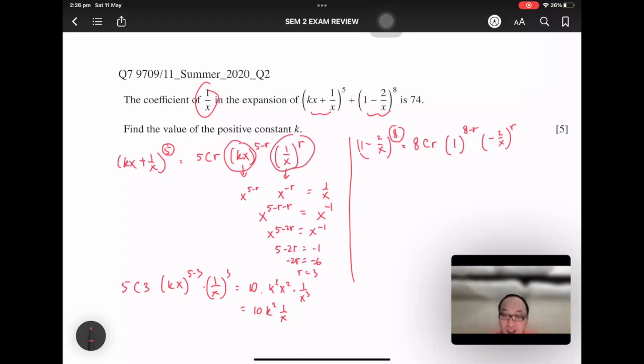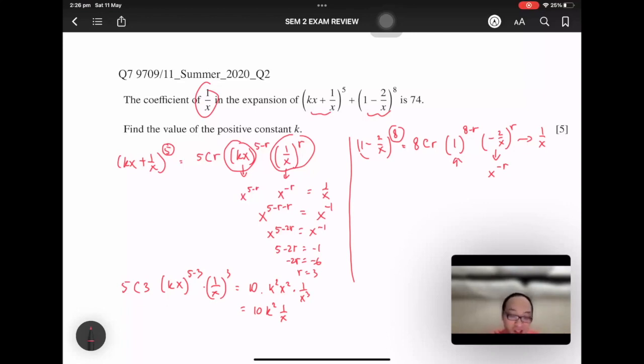Again, we have to find the term that contains 1 over x. Here, x comes only from this term, so I take the x only, x to the power of negative r. We don't have x in the other part, so we don't find x from there.